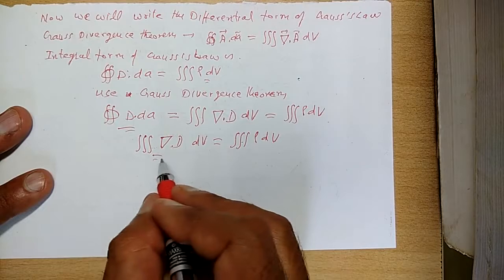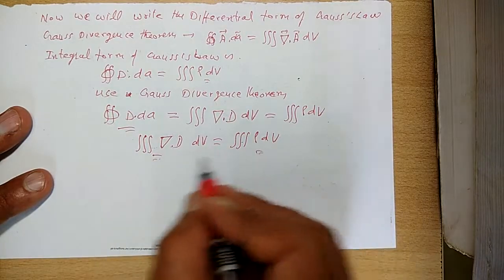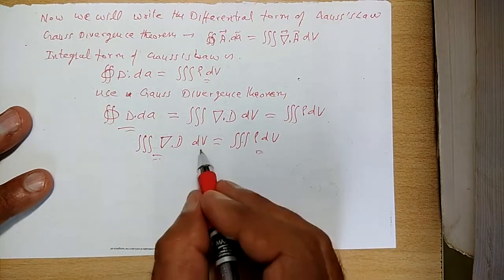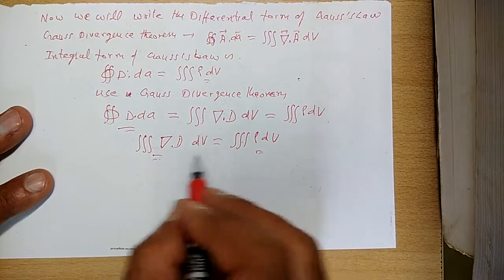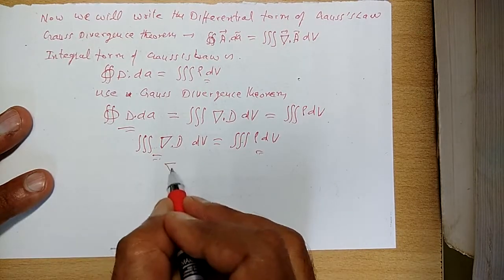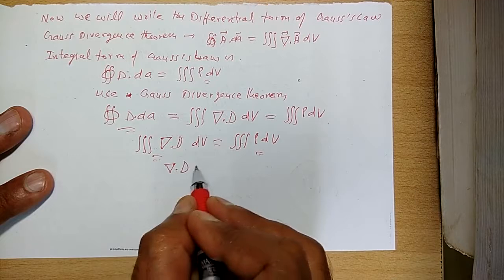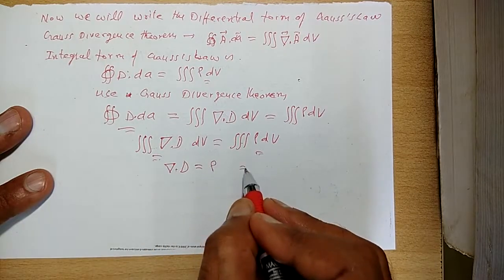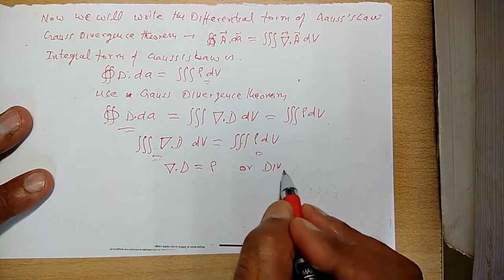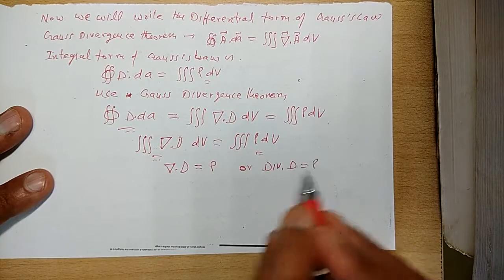So left hand side and right hand side we have the same integrations and same volume element, so this reduces to divergence of d is equal to rho.